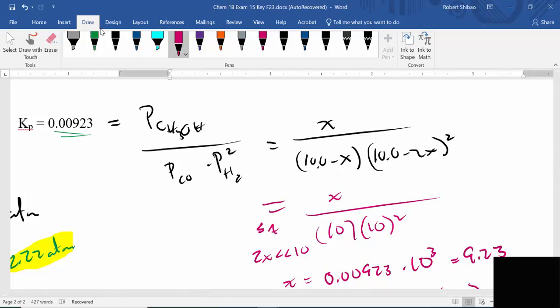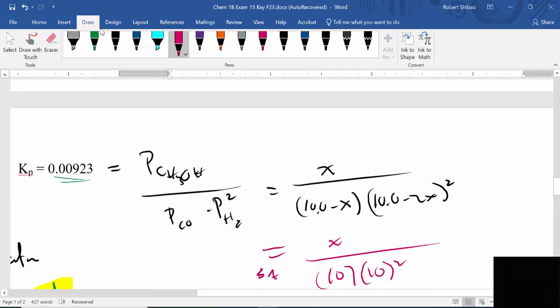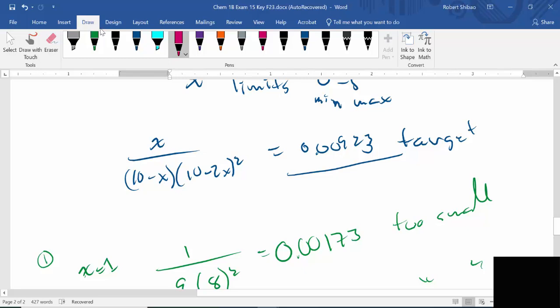We can't go negative, so that's it. The range for x is bigger in this polynomial, this binomial here, than this. And so we pick the smaller range. K is kind of small. It's 0.00923. This is our target here.